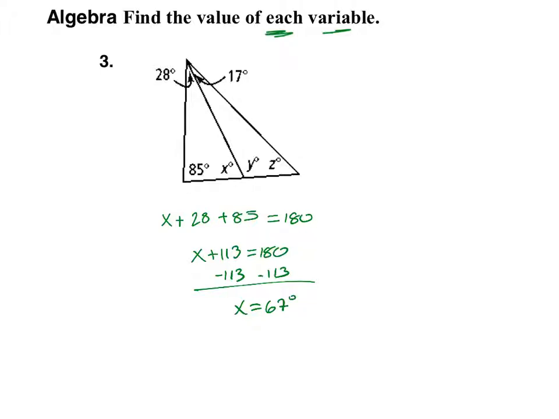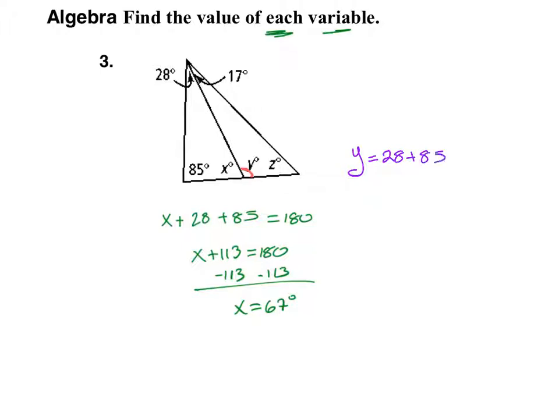Now, y right here is an exterior angle of this triangle on the left. It's the extension of this side of the angle and formed with that adjacent side right there. So that means that angle y is the sum of the two remote angles.